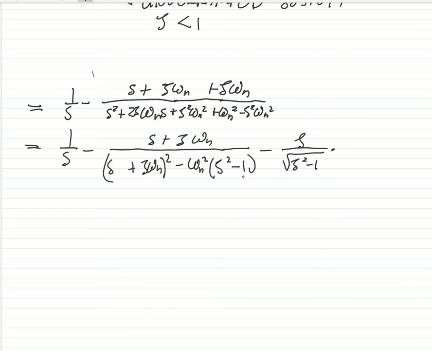Then here we have omega n multiplied with the square root of zeta squared minus 1 all over s plus zeta omega n squared minus omega n squared times zeta squared minus 1.